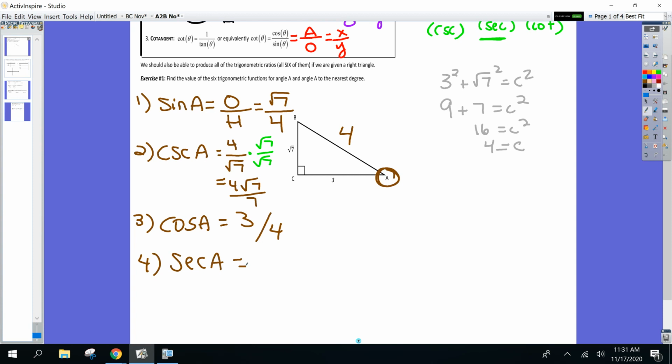And if cosine was 3 over 4, what's going to be your secant? 4 over 3. Just flip it. You're fine. Everyone see where we're going now. When you're doing SOHCAHTOA anyway, all I need to do is make sure I know what it's related to and flip it. All right, I got two more to go.